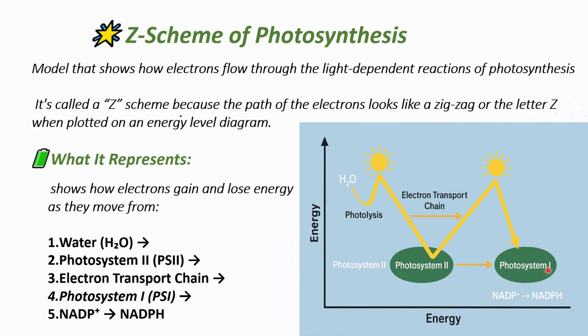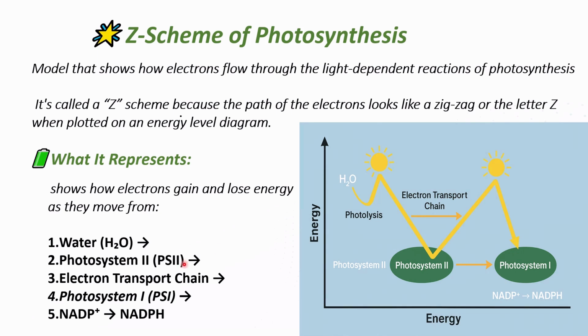Then photosystem 1 absorbs sunlight at a specific wavelength, 700 nanometers, gets excited, and uses the electrons to form NADPH. Like this, the flow of electrons takes place.